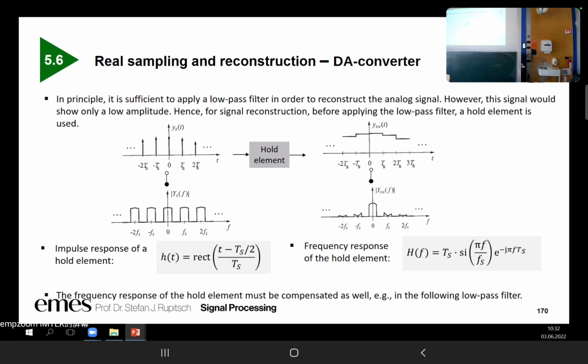But please keep this in mind. We use sample and hold elements to convert the signal from the analog world to the digital, but also to convert the signal from the digital world to the analog. Pure energy. Okay? Are there any questions?